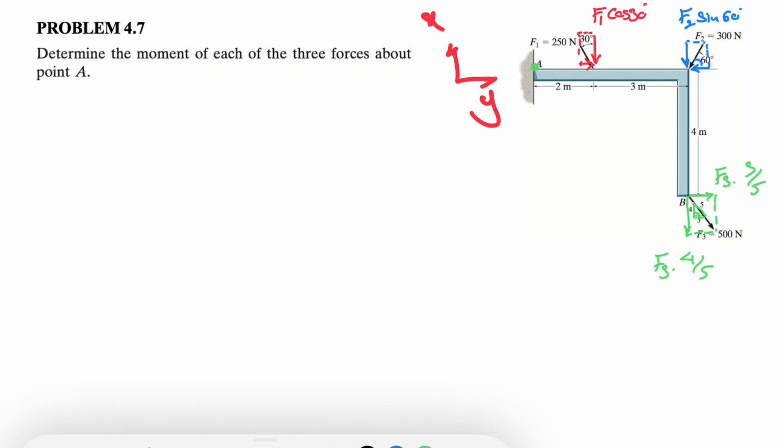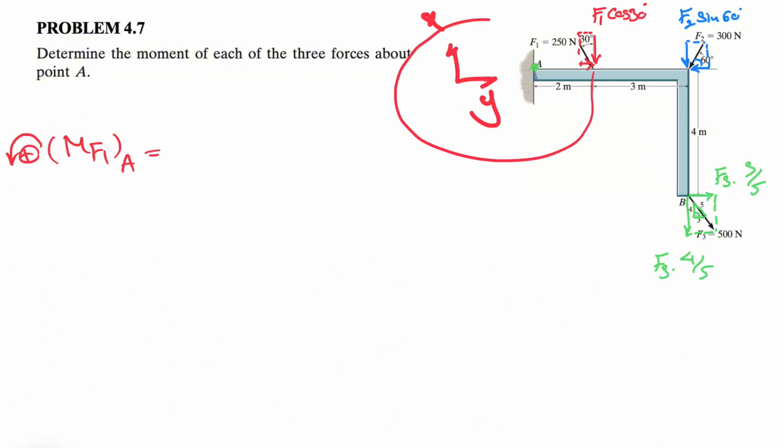Let's start with F1. We're going to find the moment of F1 about point A. As always, we're going to call counterclockwise positive. If we look at F1, we'll see that the moment about A is in a clockwise direction, so we have a negative sign. And here we only need the force. The force we figured out is F1 cosine of 30, so 250 cosine of 30 degrees.